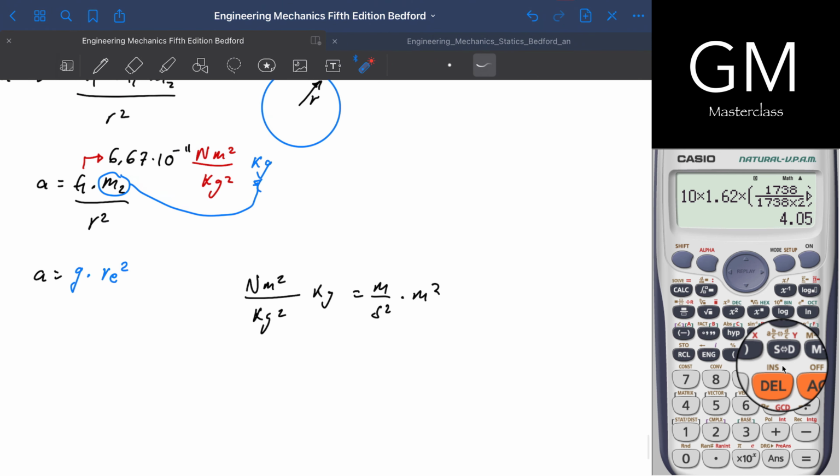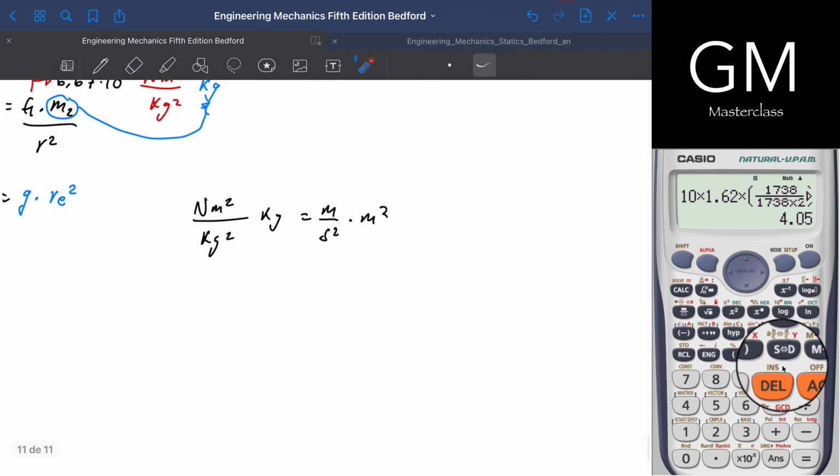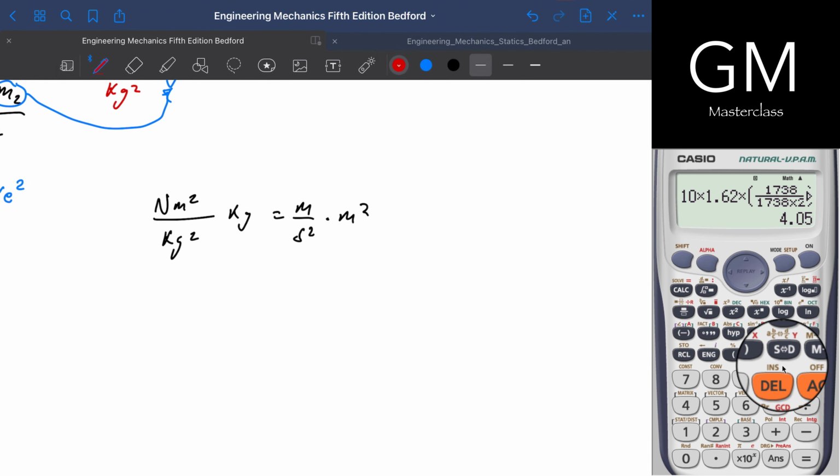So this part of the equation refers to this part, and this part refers to this one, because of the gravity and the radius. So developing the equation, I'll have right here meters to the third power divided by square seconds, and if I play with these units, I'll have the same thing. So let me show you.